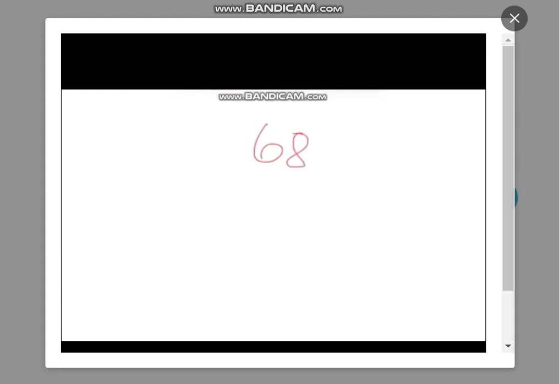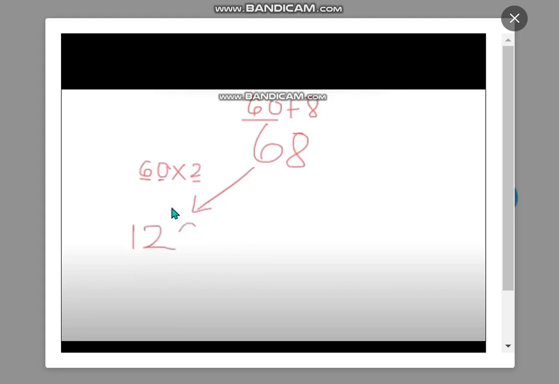Now partition would be 60 plus 8. We double the tens, that would be 60 times 2 equals, again, 6. Double of 6 is 12, and then we add 0, that would be 120.